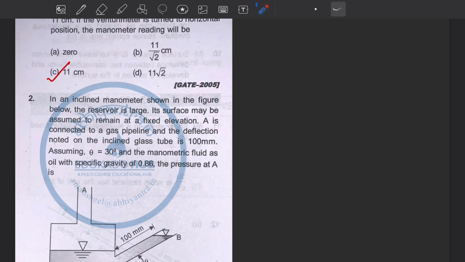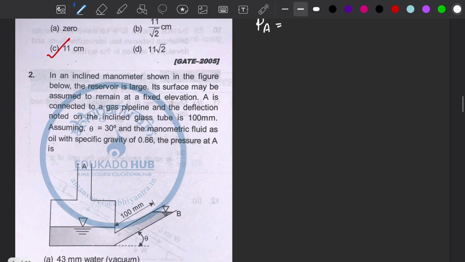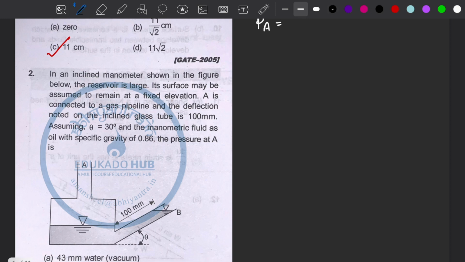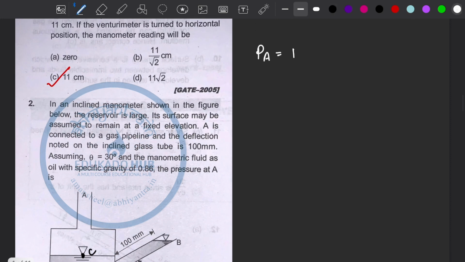So see, pressure at A will be, if we take this point as C, pressure at A will be equal to pressure at C, and which is something like H mm of oil, right?